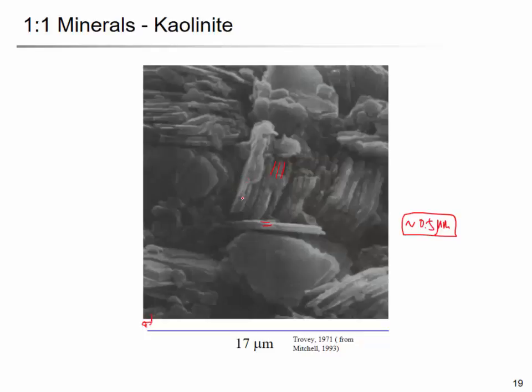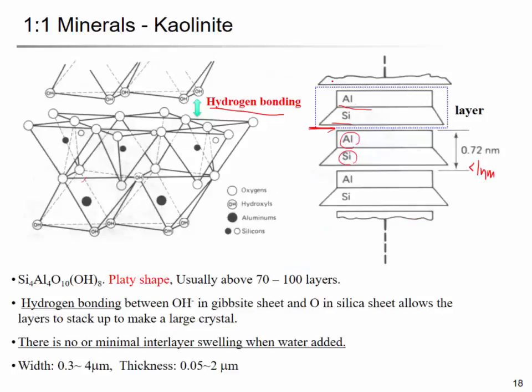So if you imagine the clay mineral, it goes to infinite in the horizontal direction, and this stack goes to around 0.5 micrometer, and that determines the thickness of the clay particle. Okay?